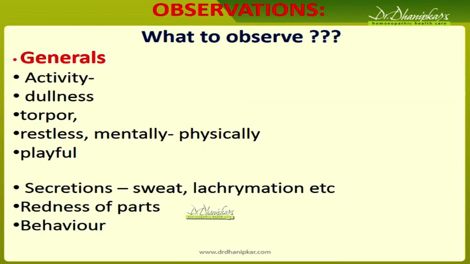Some patients perspire in fever. Some patients have redness of the parts in fever. This is what we need to observe first. Once that is over, you see what is the general behavioral pattern of the person in fever.